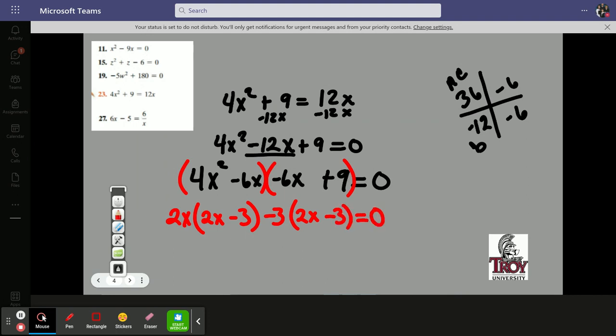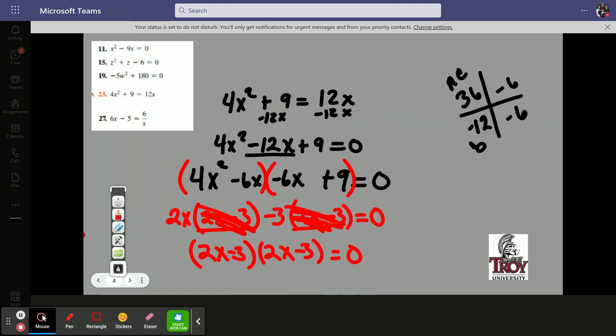All right, what do you see? Same thing, isn't it? That's my common factor. So I have 2x minus 3 times 2x minus 3.